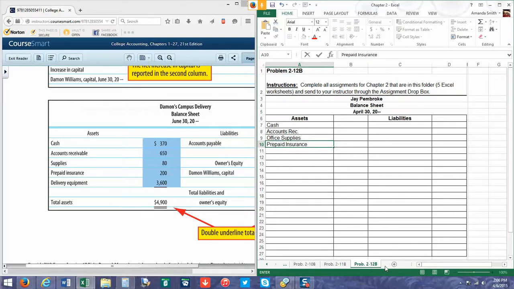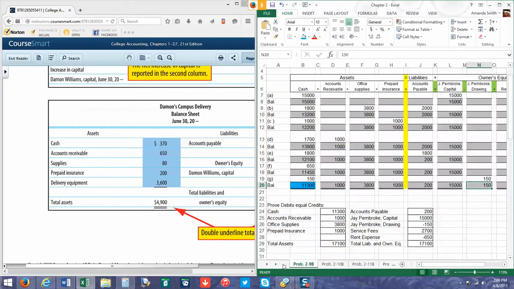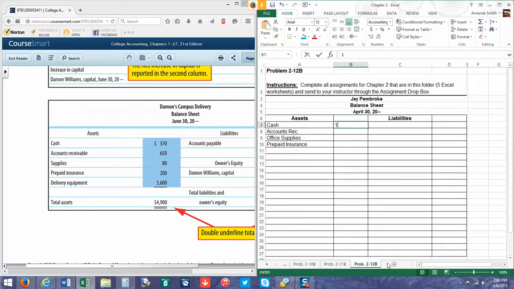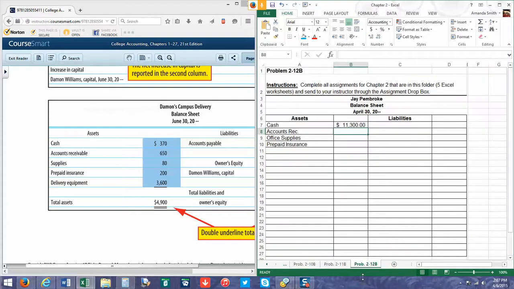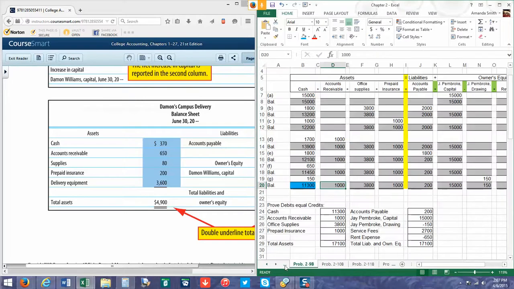And then we're just going to enter in the amounts from 2-9. So we have 11,300. Go ahead and change these to dollars. Our accounts receivable is 1,000. Office supplies is 3,800. And prepaid insurance is 1,000.